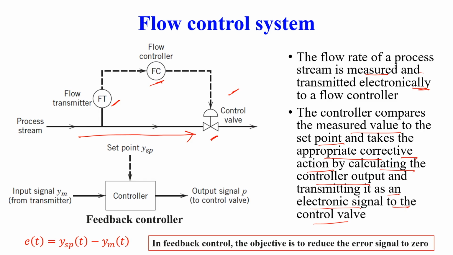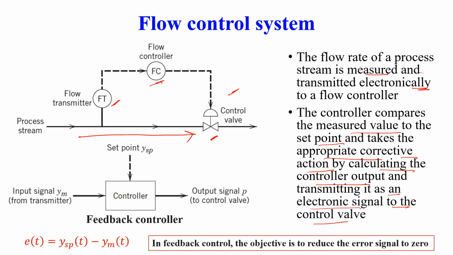Basically, the whole idea is to minimize the error, and error is defined as the set point minus the measured value. Let us say this is the set point YSP and this is the input signal which is coming from the transmitter.